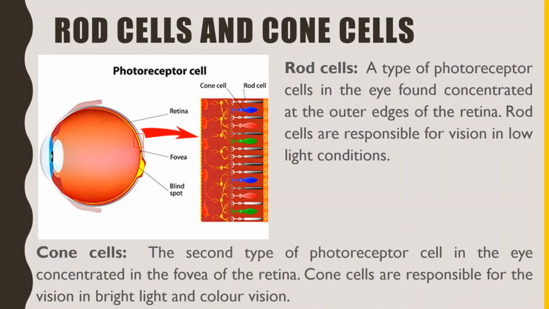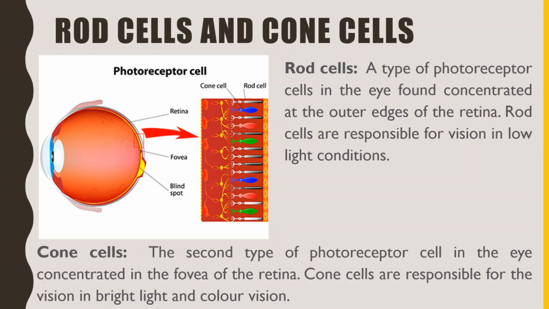Whereas the cone shaped cells, C stands for cone and C stands for color. Remember this. These cone shaped cells are responsible for the color which you see around. The various types of color which you see are the responsibility of the cone shaped cells. So C stands for cone, C stands for color.